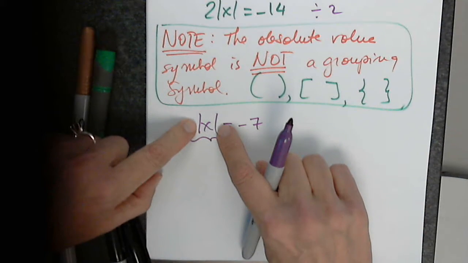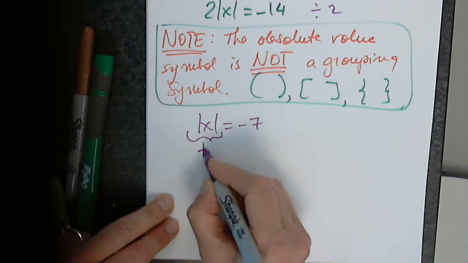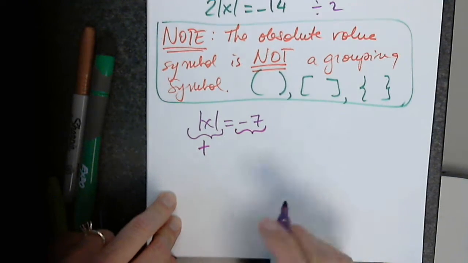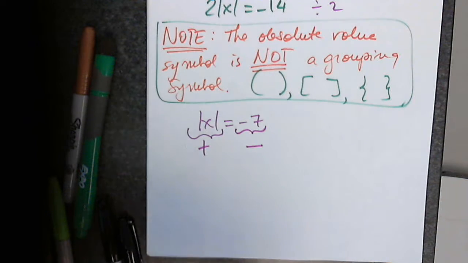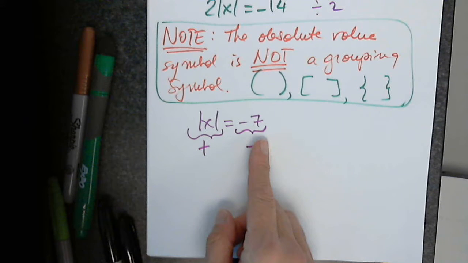What type of number is the absolute value of anything? Of course. What type of number is -7? Can you come up with a number that is positive but equals -7? So 7 equals -7. Really? 7 in absolute value equals -7?